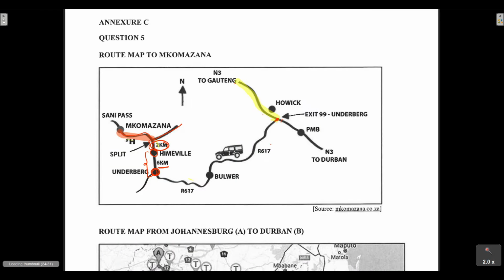They told us the distance from Heimville to Nkomazana is 16 kilometers, and the distance from Nkomazana to this hotel is 4.4 kilometers.